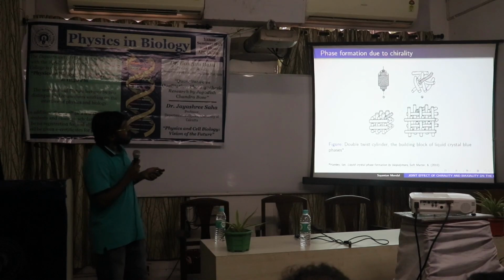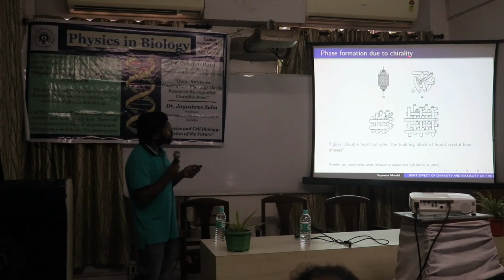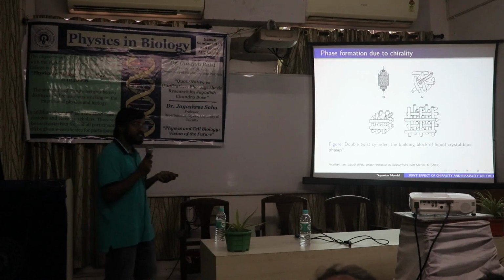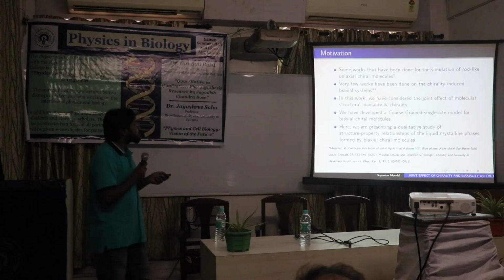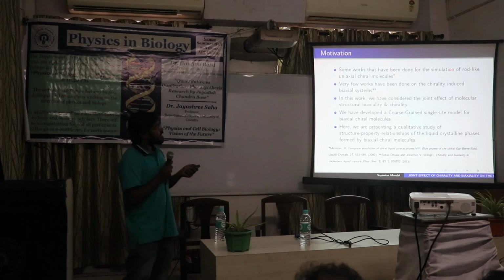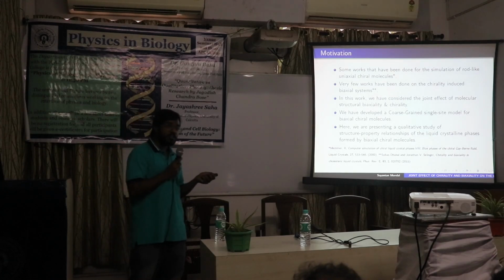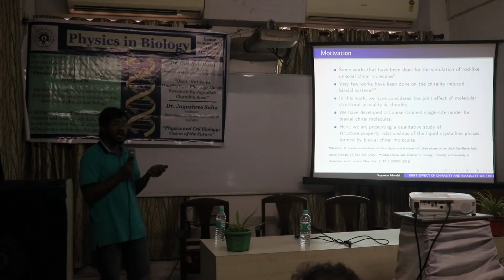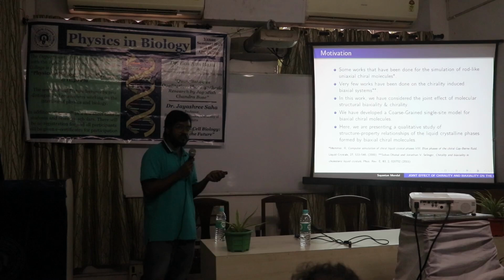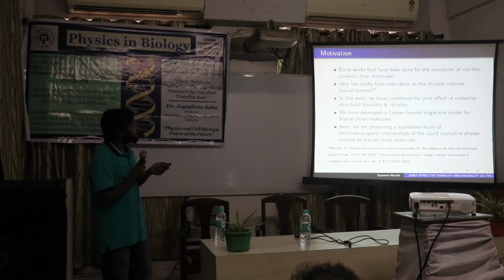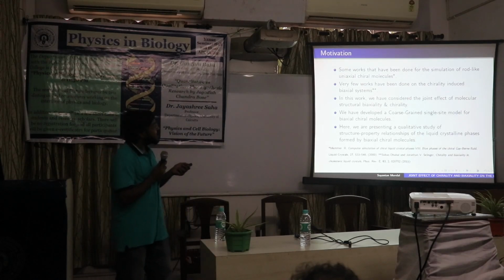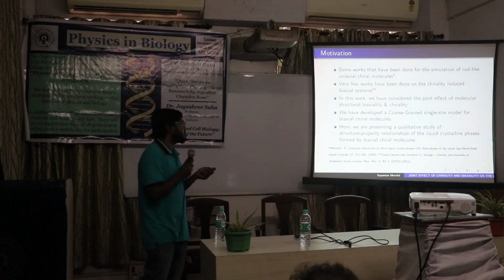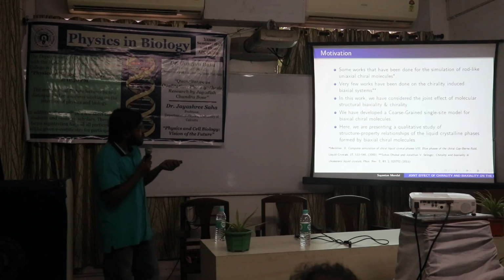There are other kinds of frustrated mesophases formed due to chirality. These are blue phases, and also twist grain boundary phases and smectic phases. Now, some work has already been done on computer simulation of rod-like uniaxial chiral molecules. Very few works have been done on chirality-induced biaxial ordering of molecules. In those systems, the biaxiality comes from the chirality of the system, that is, it is an induced effect.